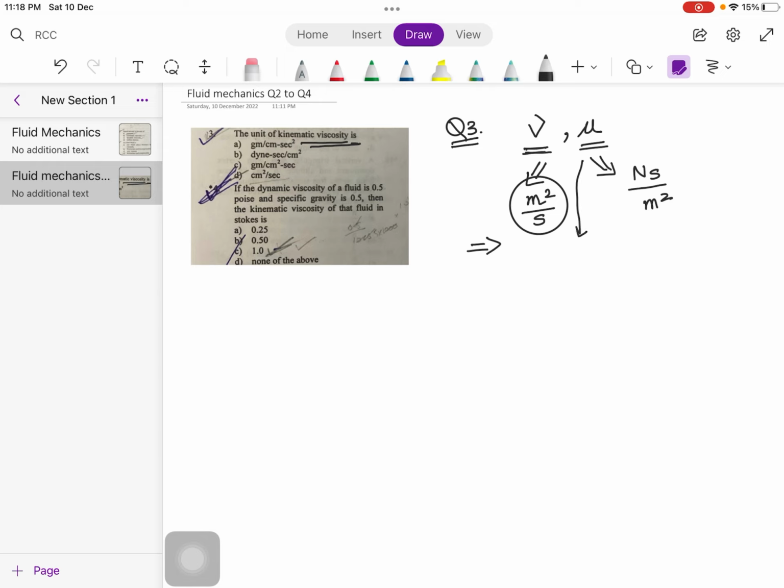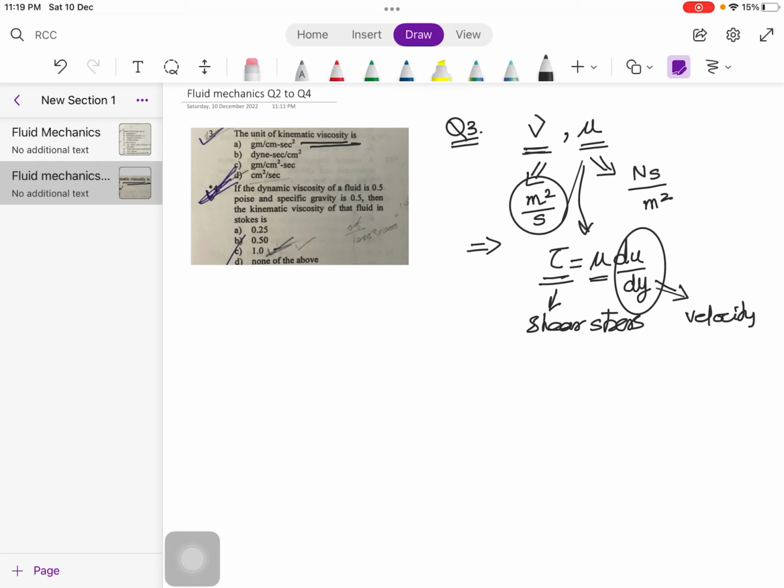For dynamic viscosity, the law governing is Newton's law of viscosity, which states that tau is equal to mu times du upon dy, where tau is shear stress, and du upon dy is the velocity gradient, that is the difference in velocity between two layers of a fluid at a distance of dy.